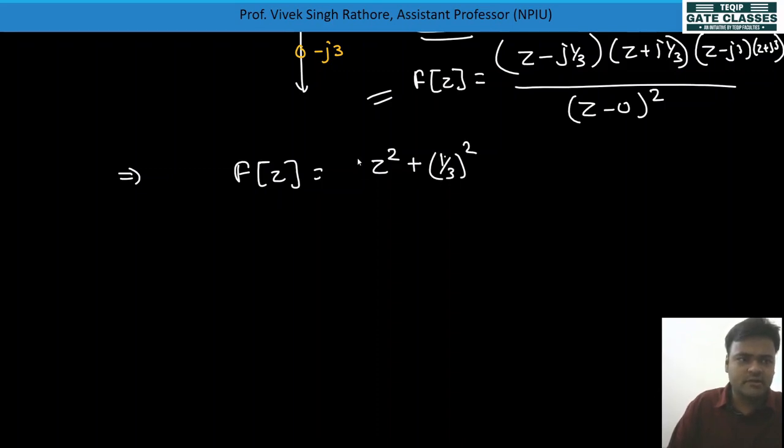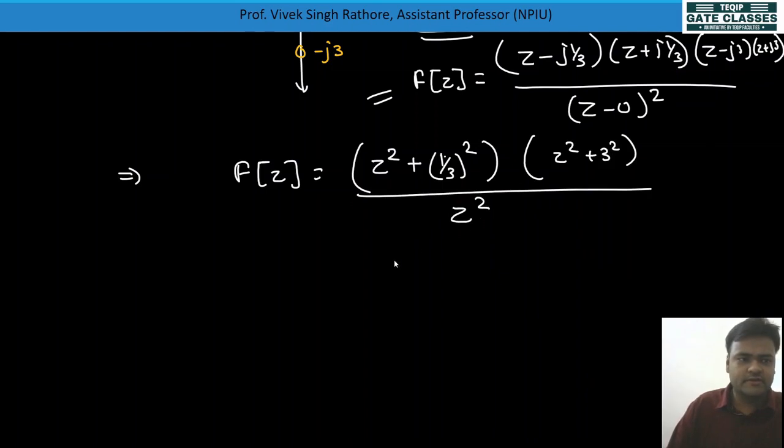Here also z square plus 3 square, and downstairs z square. So this can be written as z square plus 1 by 9, and here z square plus 9 will be there.